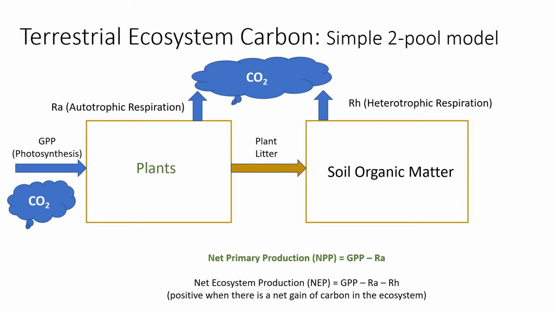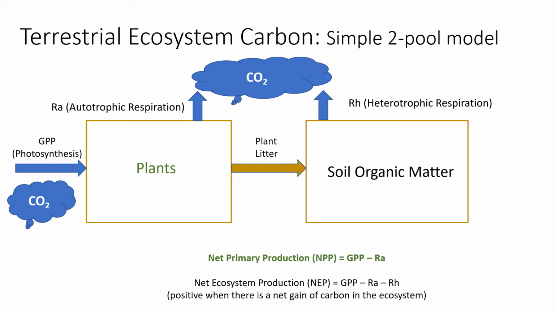So start off with a very simple two-pool model of an ecosystem. A pool is storage of some quantity. In this case, we're going to look at storage of carbon in plants and carbon in soil organic matter. And fluxes are inputs and outputs from these pools.